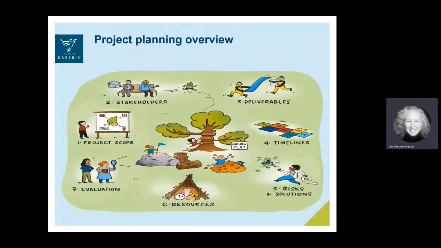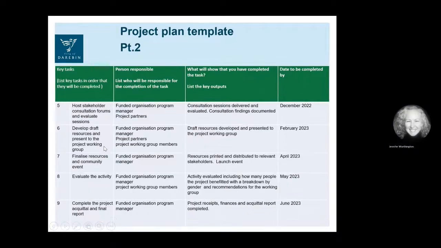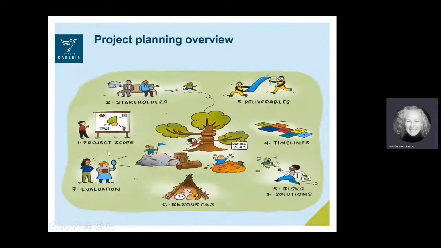So in terms of your project planning, and if you're a visual person, think about what the project is, the stakeholders, so who's going to be involved and who's going to benefit. The deliverables, so what will happen at the end of the project, the timelines, when it will happen, the risks and solutions.